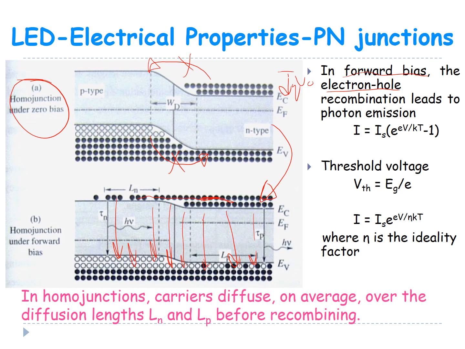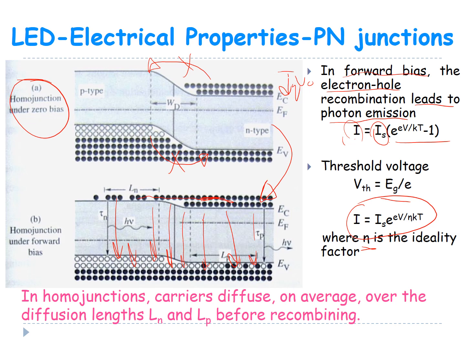Recombination leads to photon emission if you've got a direct band gap semiconductor, and you can see that the total diode forward current is equal to IS times that, and the threshold voltage can be given by dividing your EG by E. You can also express your I as that, where this parameter here is the ideality factor.